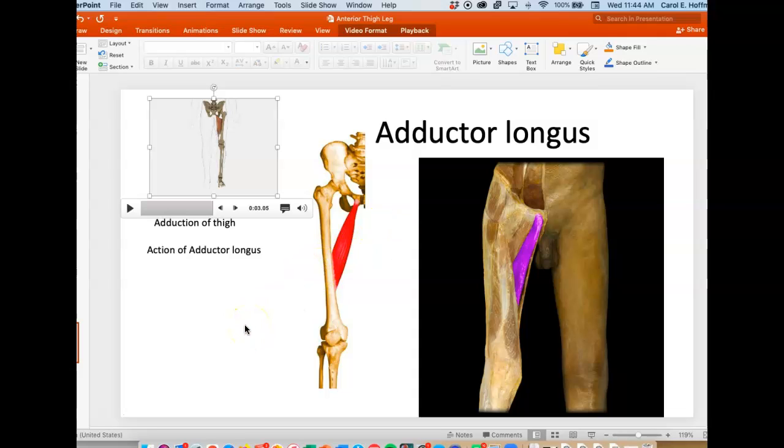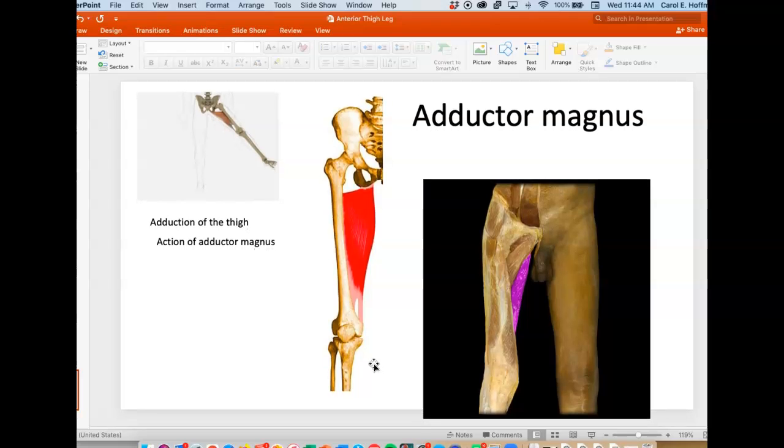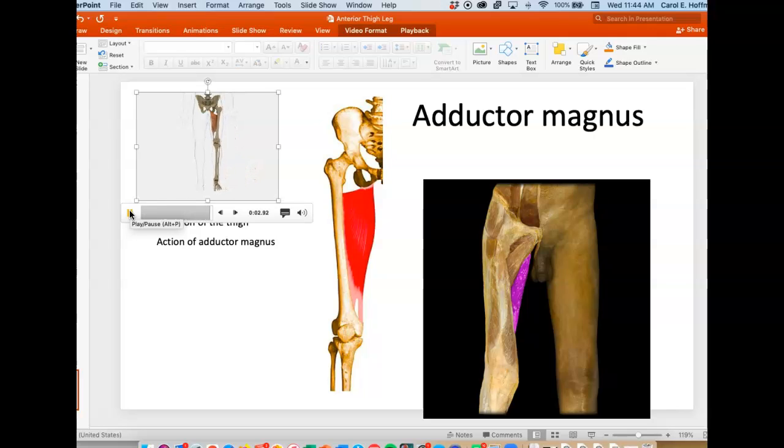Okay, that's the longus. And then we're going to look at again at the adductor magnus. Much chunkier muscle, big muscle, and guess what it does? It causes adduction of the thigh again, adduction. All of them are ADD, adduction.